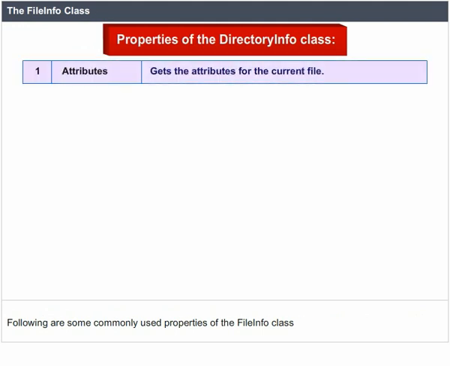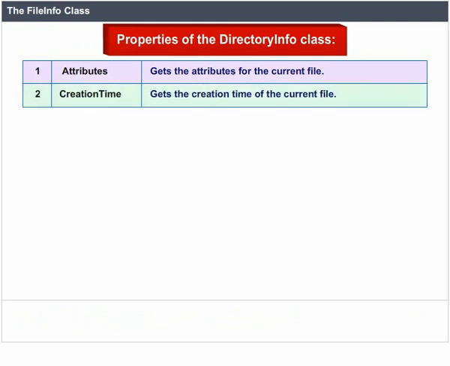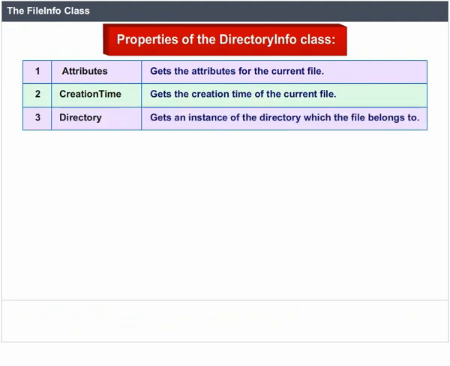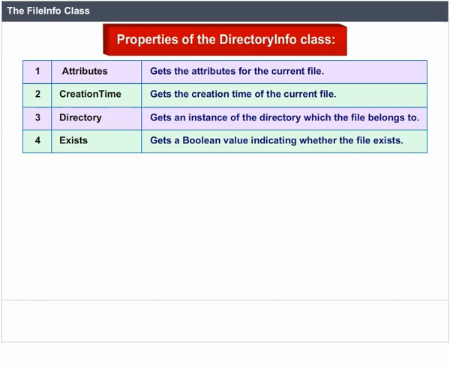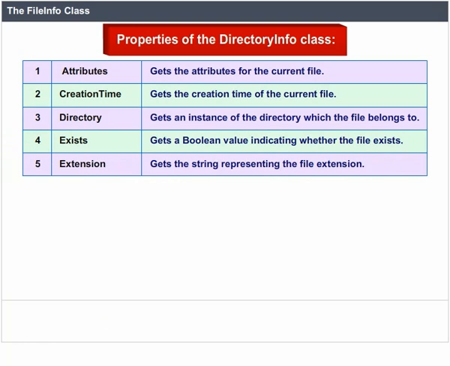Following are some commonly used properties of the FileInfo class. Attributes gets the attributes for the current file. CreationTime gets the creation time of the current file. Directory gets an instance of the directory which the file belongs to. Exists gets a Boolean value indicating whether the file exists. Extension gets a string representing the file extension.